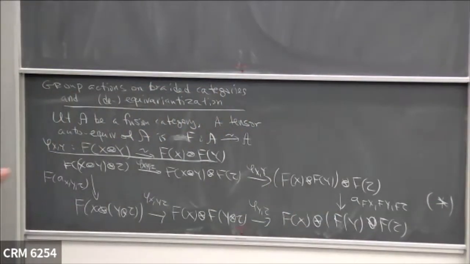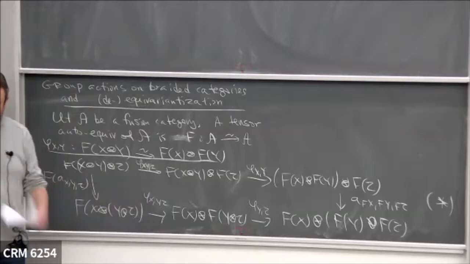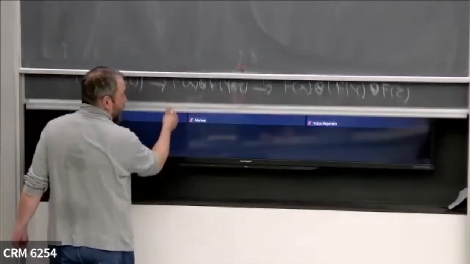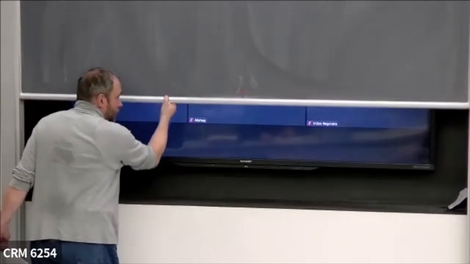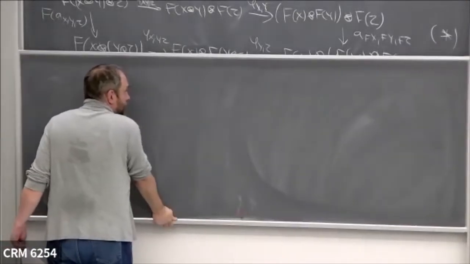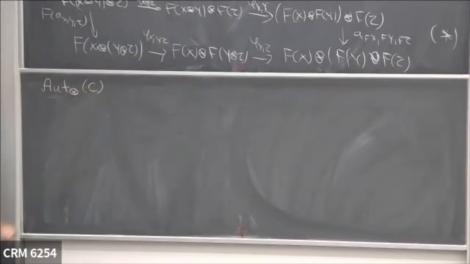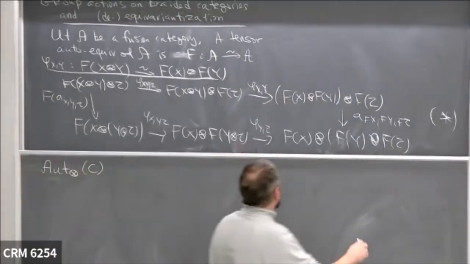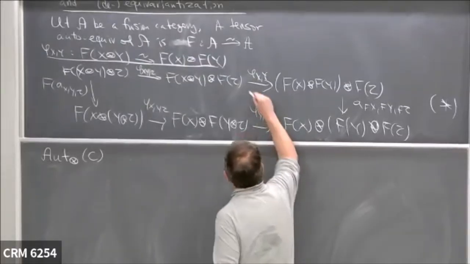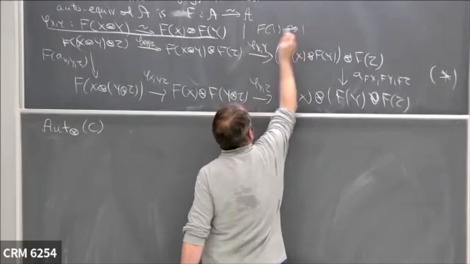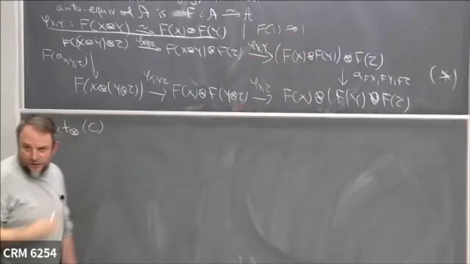So that makes it a tensor autoequivalence. Now, what do tensor autoequivalences form? They can be composed. So under the composition, they form a monoidal category. I'm assuming that F of 1 is 1, or naturally isomorphic. Yeah, I always miss this, right? So this is a part of the definition. There is also an isomorphism between F(1) and 1, and it satisfies certain coherence, which is easy to write down.